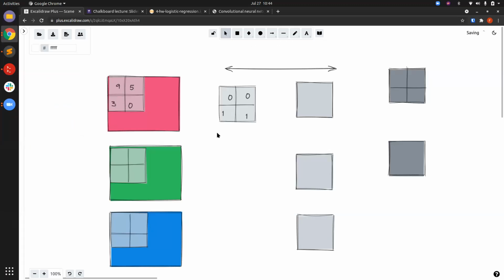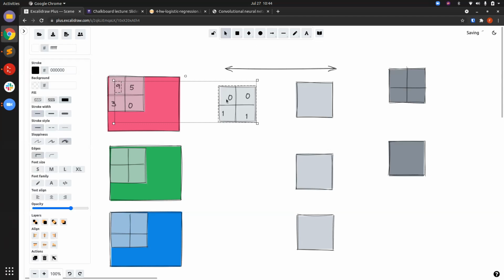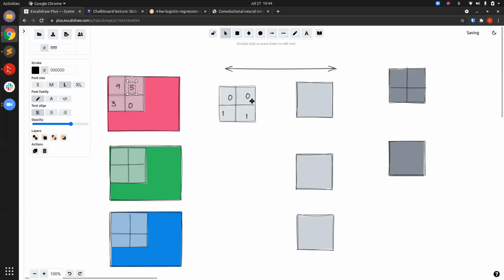I'm going to compute a dot product here. So I'm going to take 9 times 0, 5 times 0, 3 times 1, and 0 times 1, and I'll sum that all up. And so this filter will contribute, let's say, 3 to this spot in the output volume.